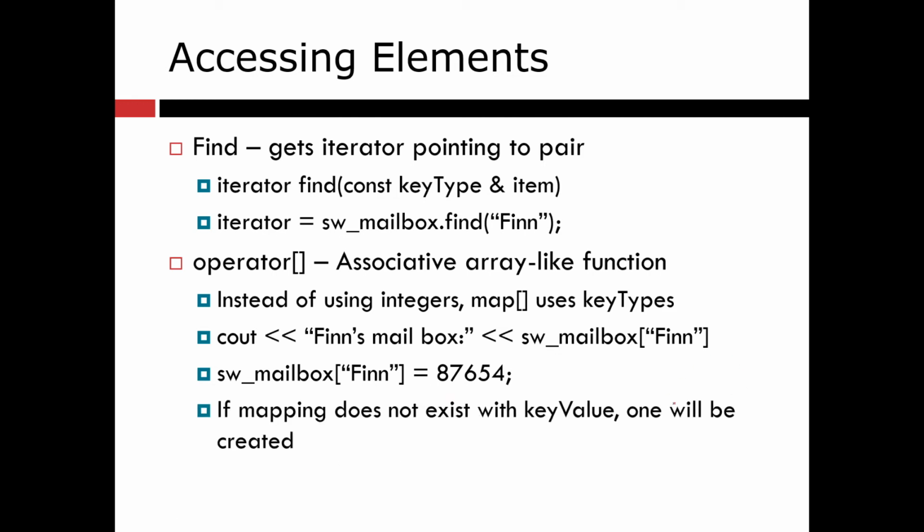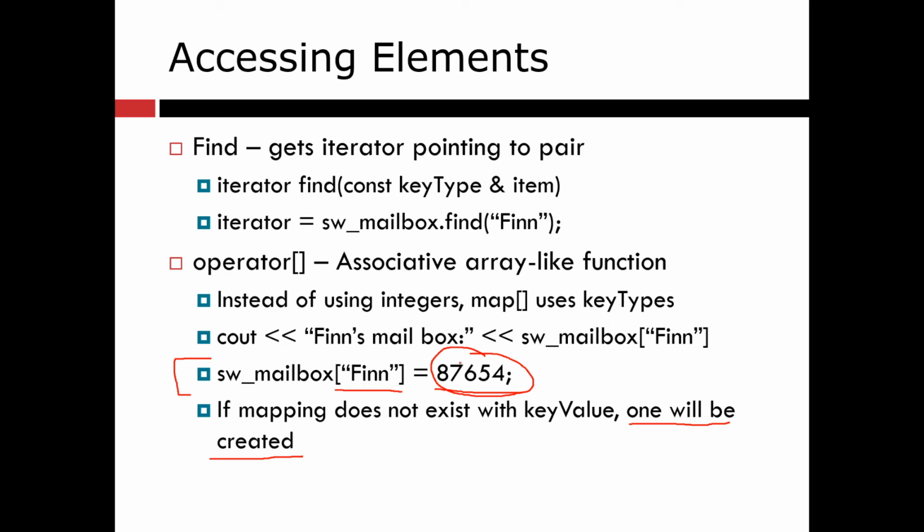If there is no mapping, so let's say I wanted to insert BB8 and I haven't added BB8 to my mailbox, and I were to use this subscripting operator, and I were to type in SW_mailbox, double quote BB8 double quote, brace, and then equals and then BB8's mail, what it would do is it would go look for BB8, and if BB8 didn't exist, it would create an entry for BB8 and then add the mail number to that entry.